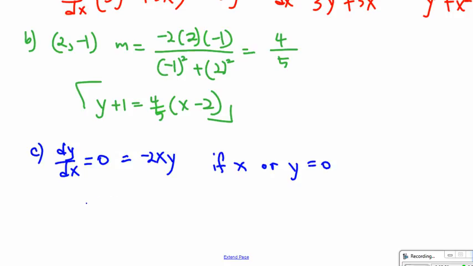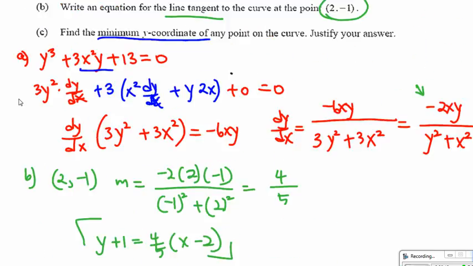Now this will be undefined, meaning the denominator is equal to 0, x squared plus y squared, if x and y are both equal to 0. But let us see what's going to be happening if x or y is equal to 0 based upon the original equation.